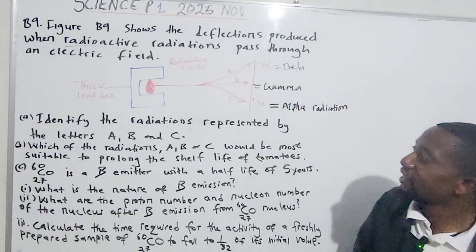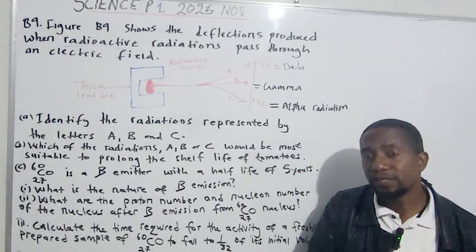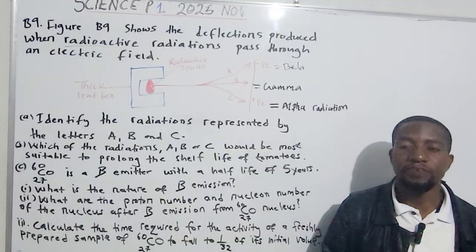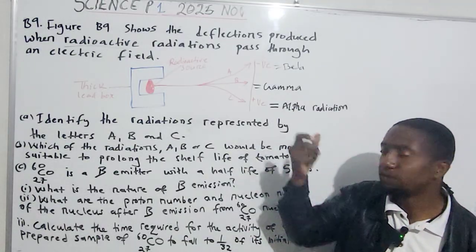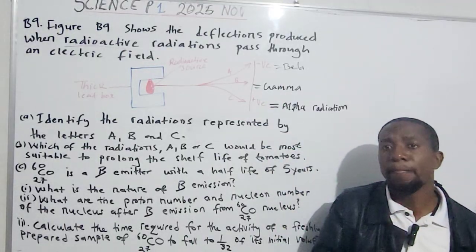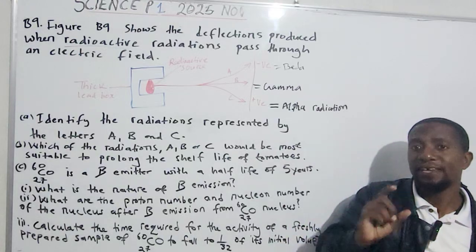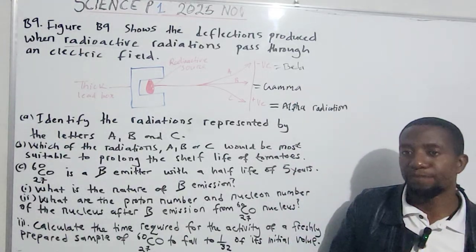So this is a beta particle or a beta emission. Remember, I said beta emissions are fast moving electrons, and electrons possess a negative charge. That's why we are saying this is a beta particle because of the charge. So you have to understand the charge that these three emissions have.